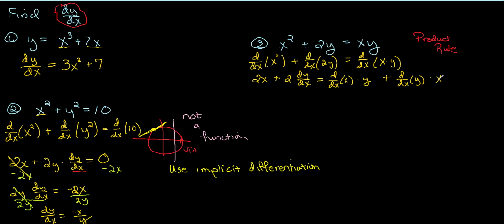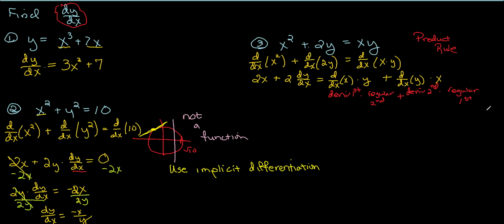Derivative of first times regular second factor plus the derivative of the second times the regular first. Sometimes the book writes it in another order, but addition and multiplication are commutative. So I always remember it this way because it's more similar to the quotient rule, and I don't have to remember 2 different things. But either way, same answer.